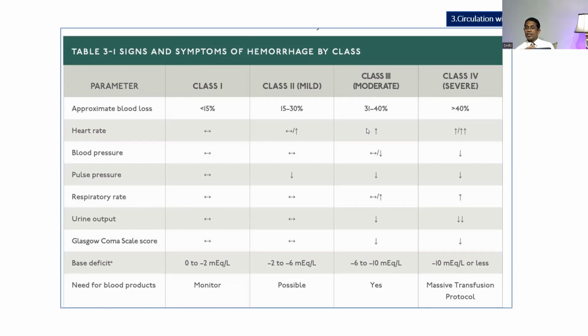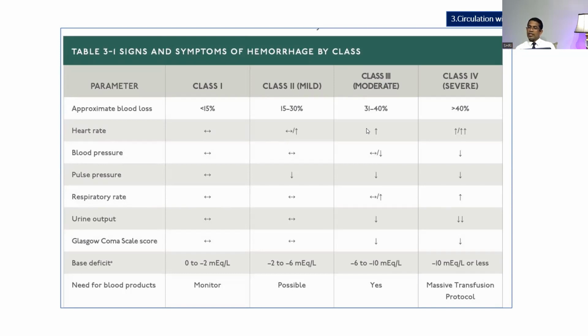In addition, if the patient is on an anticoagulant, for example warfarin, you can give PCC, prothrombin complex concentrate, or platelet concentrate, or factor concentrate. Or if the patient is on an anticoagulant like warfarin, we can give vitamin K as well.